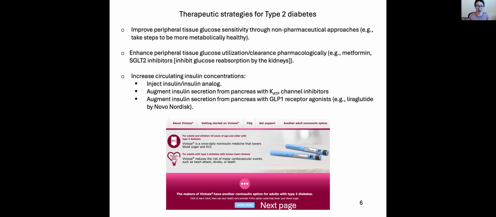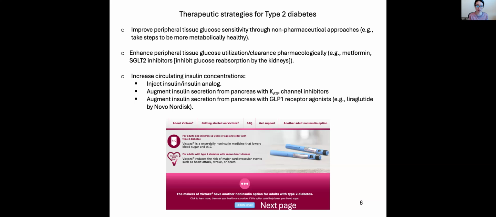Since we have now become a society where the food is plentiful, available to us 24/7, can we just inhibit this SGLT2 and just excrete the glucose in the filtrate through urine? That way, we can decrease our circulating glucose level in the blood.